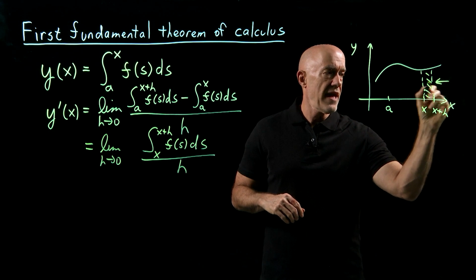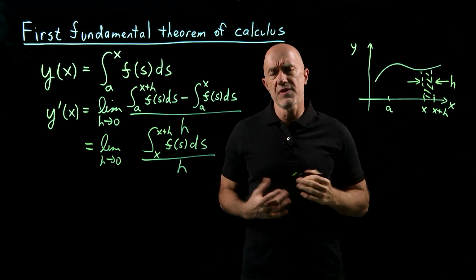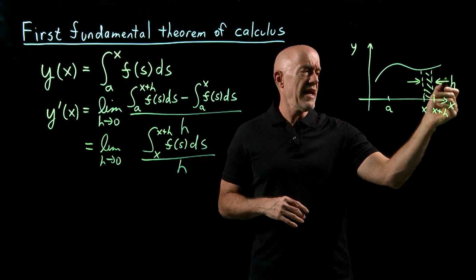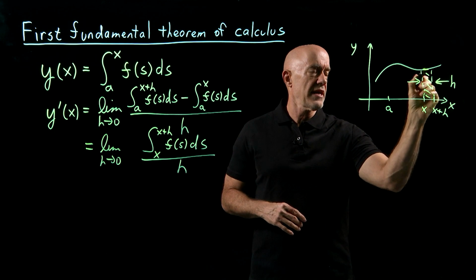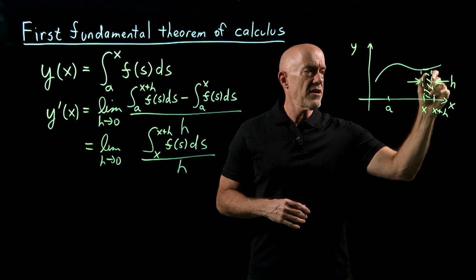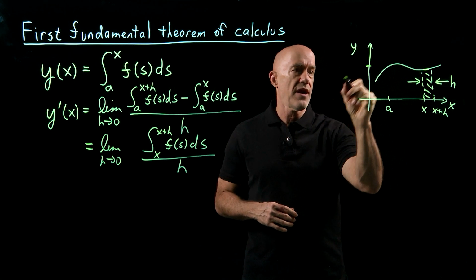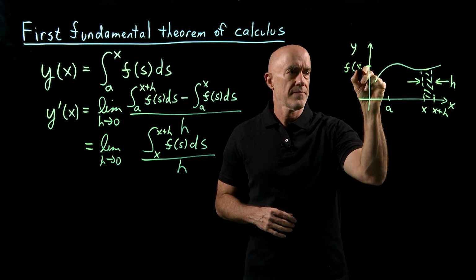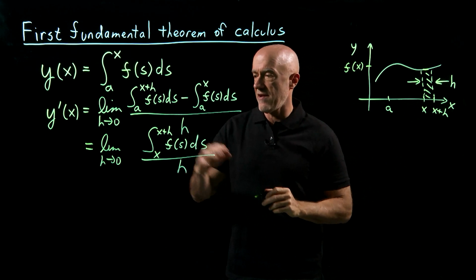This has width h, but h will become an infinitesimal because we're sending h to 0. So we're basically only looking at a rectangle where the width is h, and the height then is our f of x. So the area of that rectangle is h times f of x.